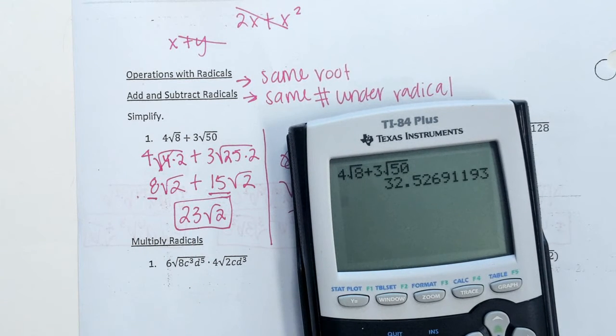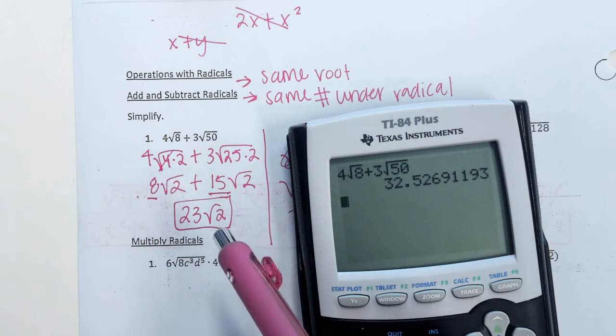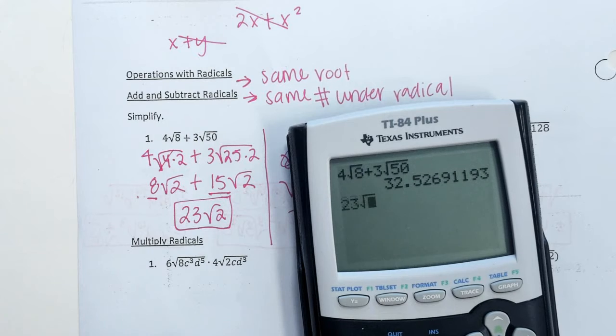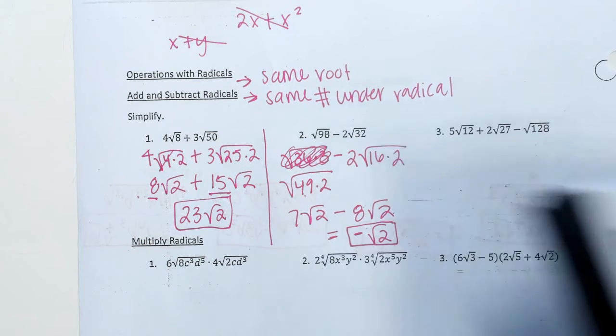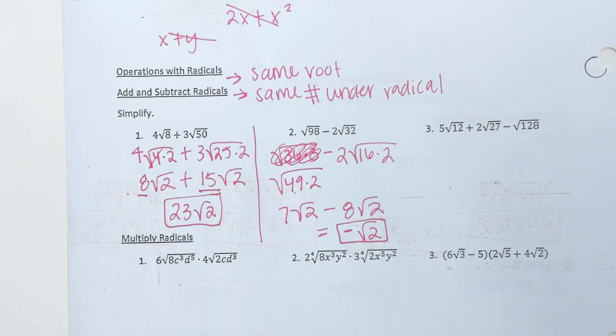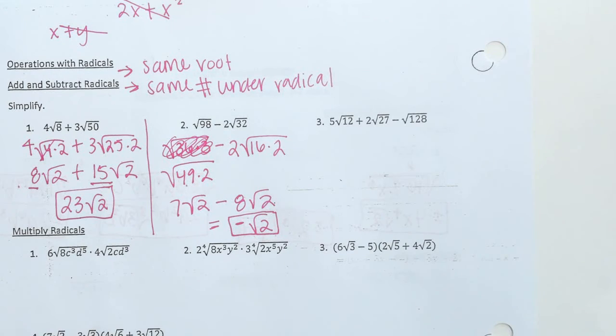Hit enter. Now it gives you this crazy number. All you have to do after you type in the original, type in your answer. 23 times root 2. They're the same thing. That's how you check it. Does that make sense? Alright, do number 3 on your own. You can check it with your calculator. This is what you'll have a checkpoint on.